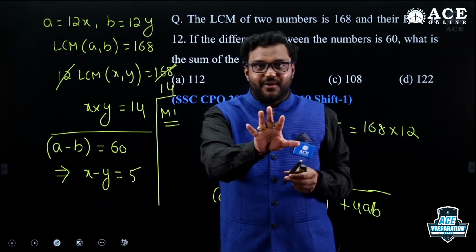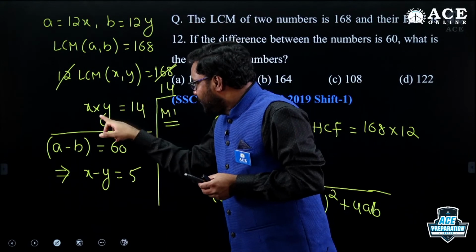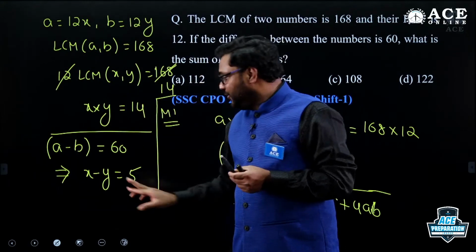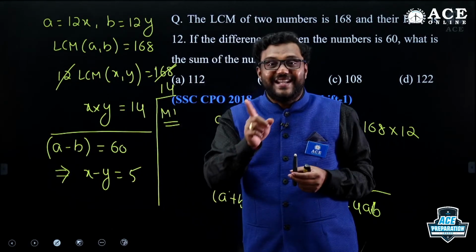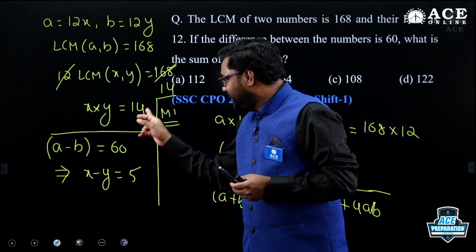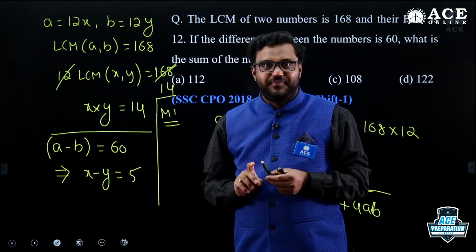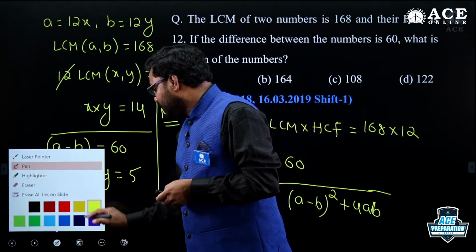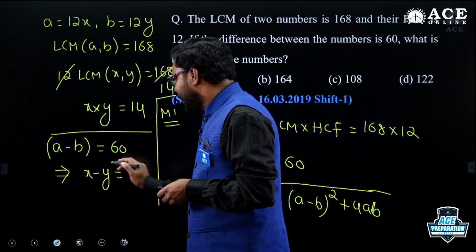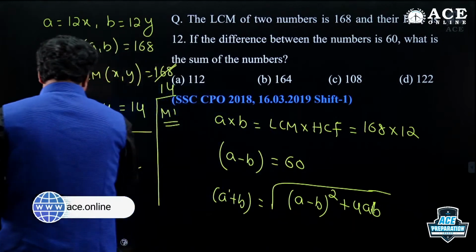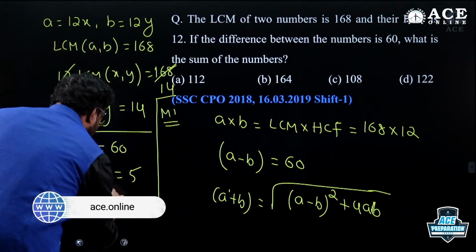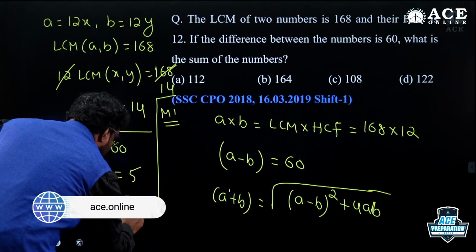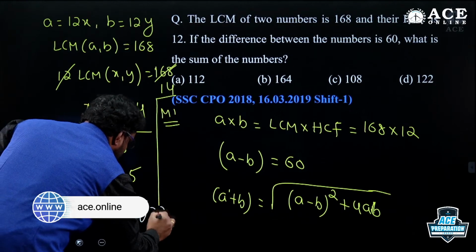Now, check it out. Two numbers' product is 14, two numbers' difference is 5. It is 7 and 2. 7 twos are 14, 7 minus 2 is 5. From these two analyses, my dear friends, I came to know x is 7 and y is 2.